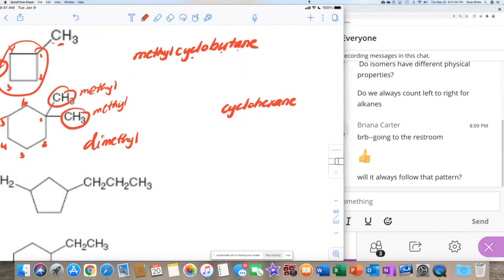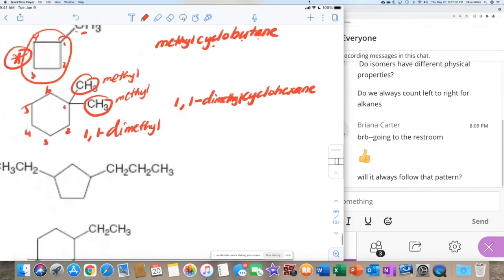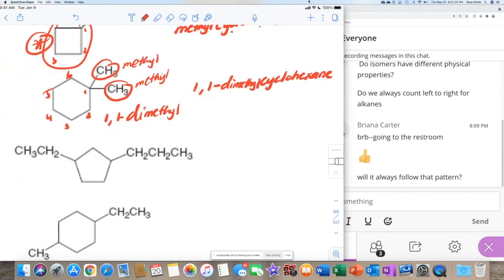So here I'm going to write 1,1-dimethylcyclohexane. If I only had one, there would be no need to say one methylcyclohexane. But since I have two methyls, I have to say they are both attached to the same carbon. 1,1-dimethylcyclohexane, right? It's a mouthful.